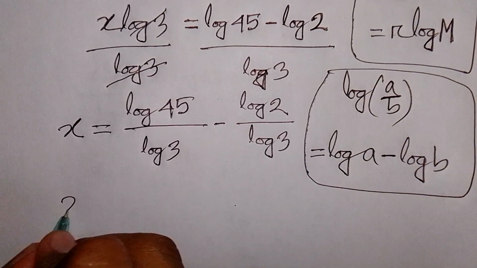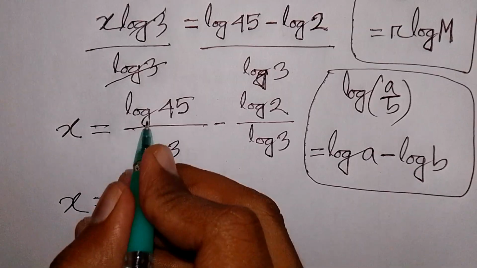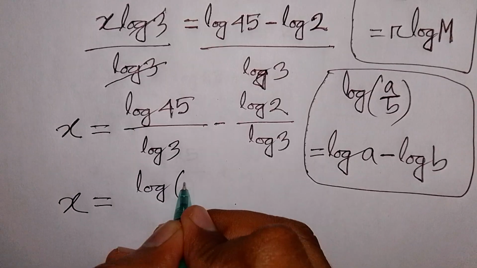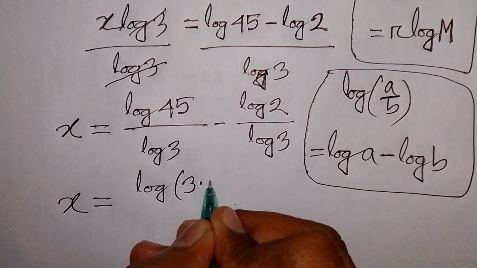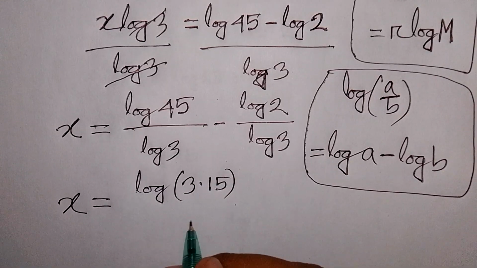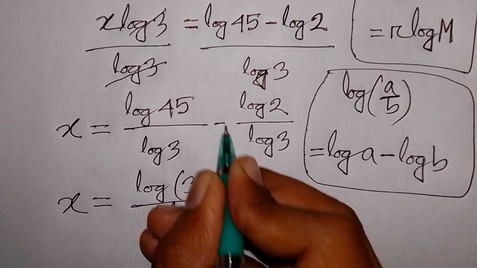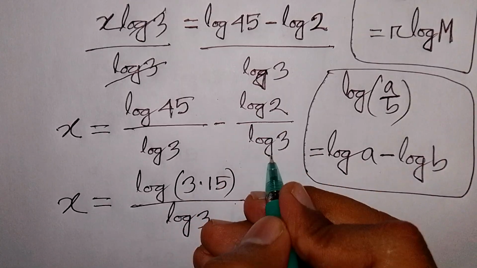Now here x is equal to log 45, which can be written as log of 3 times 15, over log 3, minus log 2 divided by log 3.